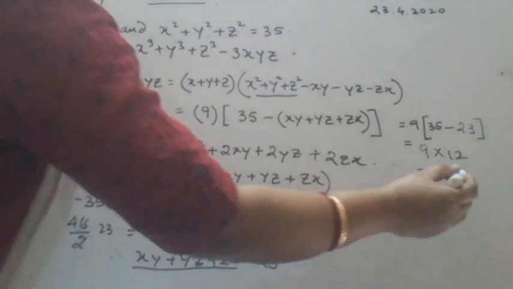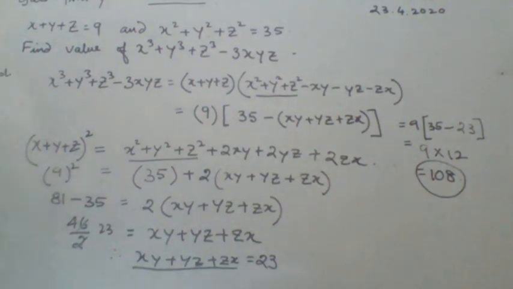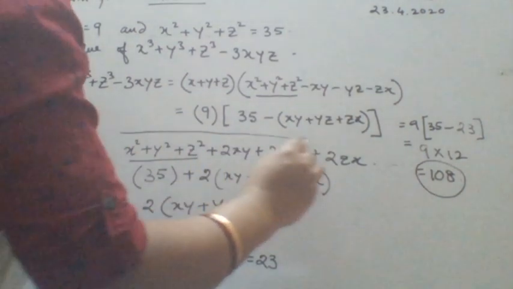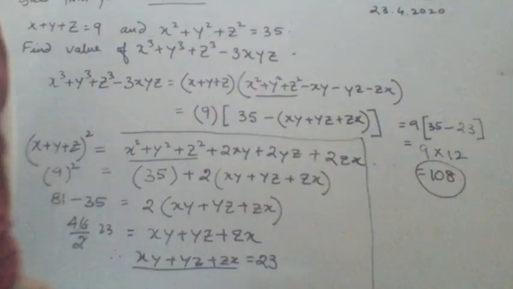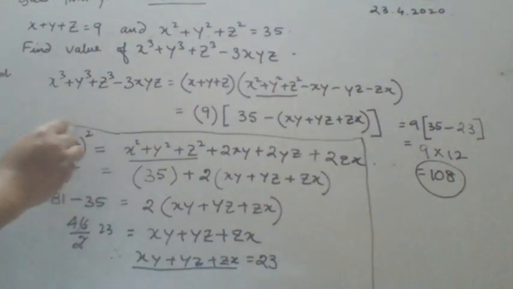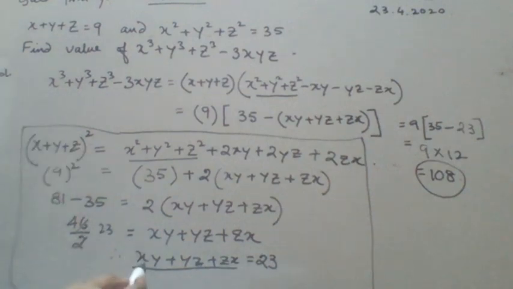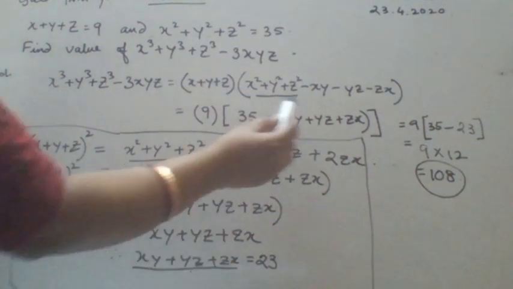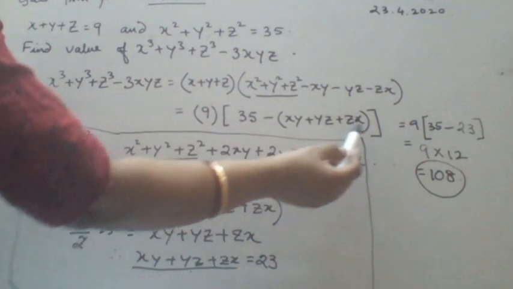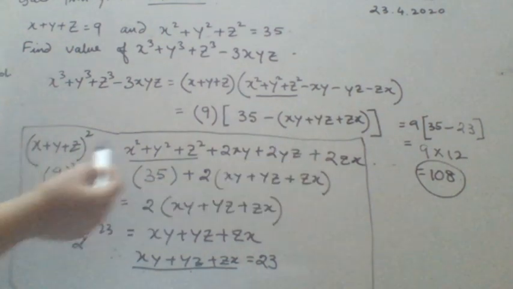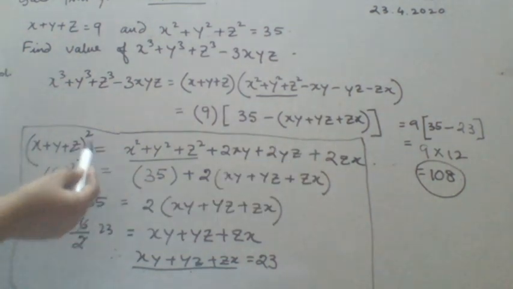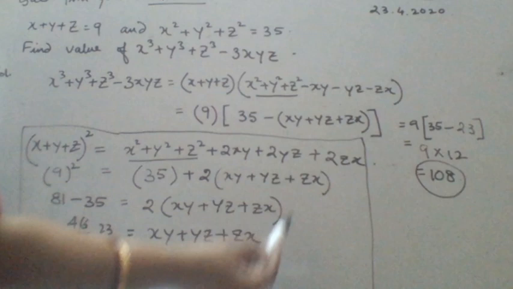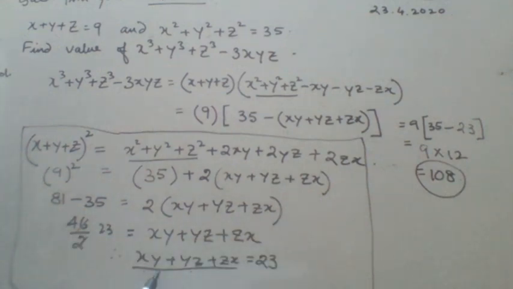This is the answer. I have already given you the answer on the day the homework was given to you. So this part you do in order to get the value of xy plus yz plus zx. In order to get this value, we have used the identity x plus y plus z whole square, and see how we are able to get the value of xy plus yz plus zx.